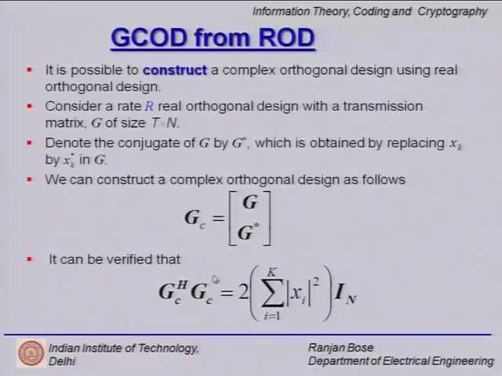We can easily verify that if you take this and compute Gc Hermitian Gc, then you can check with the properties of G, which is itself a generalized real orthogonal design, to give you the following. So thus by construction we have a generalized complex orthogonal design, and we can go on and on with this.